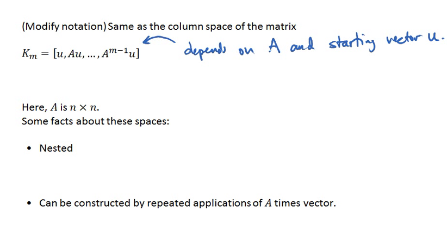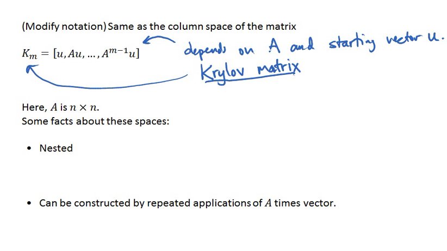And we'll call this the Krylov matrix. So it's n by m. We're saying A is an n by n matrix. So it's a little unfortunate, but it is consistent with the way we've been doing things. It's n by m, where n is greater than or equal to m now. So we're only going to do this up to the nth power of A.